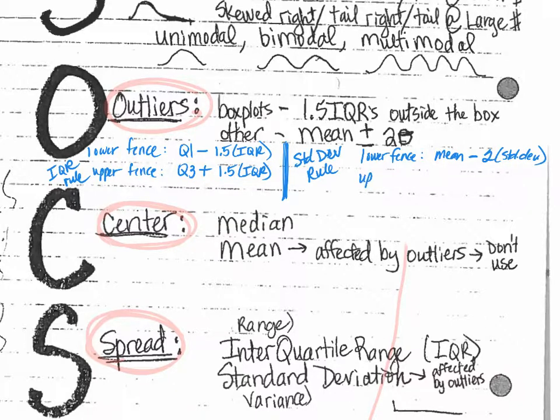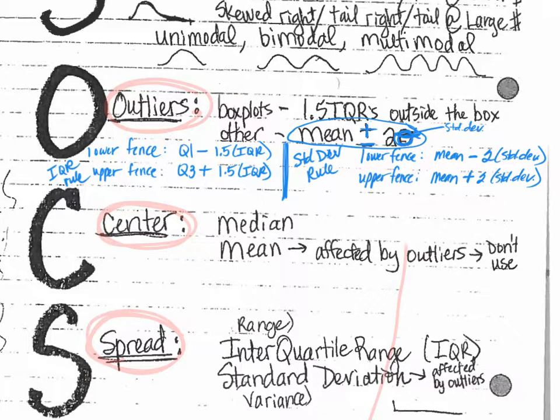And the upper fence is our mean plus 2 standard deviations. Now, I have that written here, mean plus or minus. This is not a 0. This is not 20. This is a lowercase sigma, and this lowercase sigma is a standard deviation. Okay, so that is mean plus or minus 2 standard deviations.